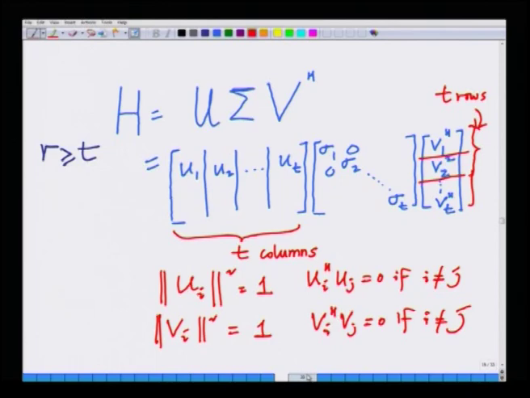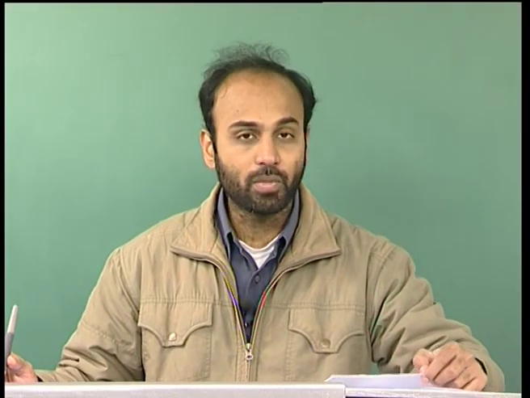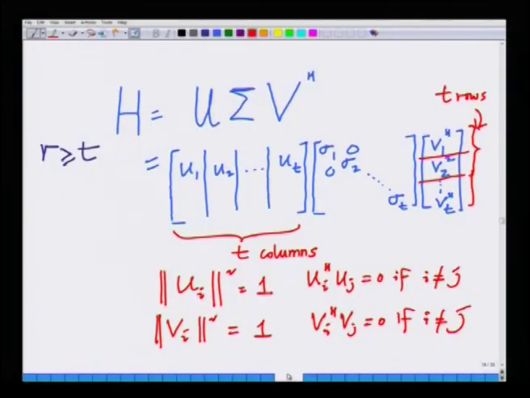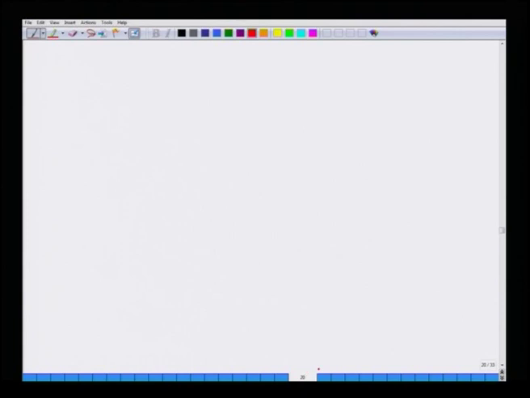So, the columns and rows of matrices U and V are orthonormal, and you can verify it. U is an R cross T matrix, V is a T cross T matrix.